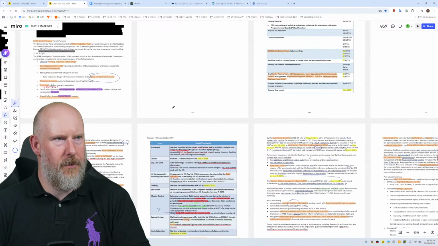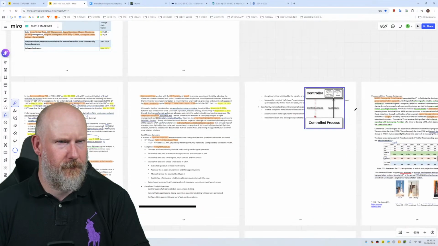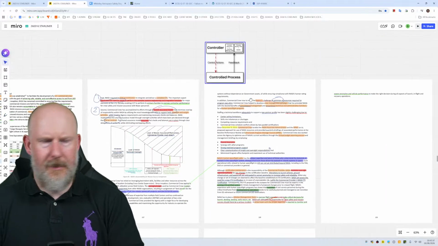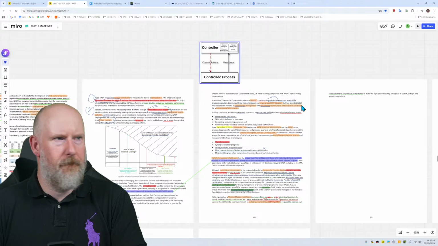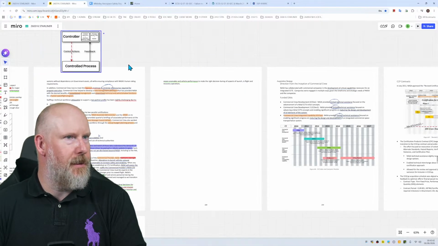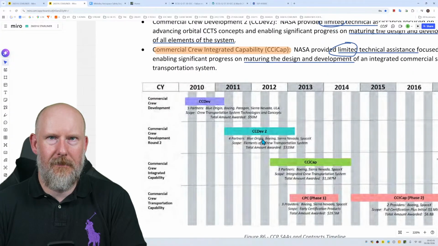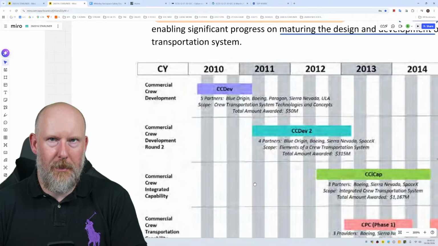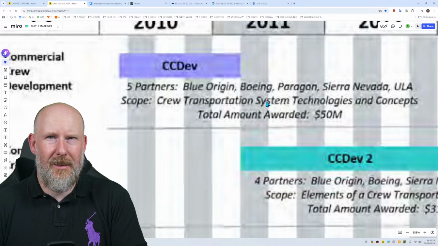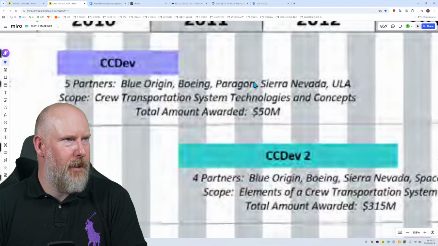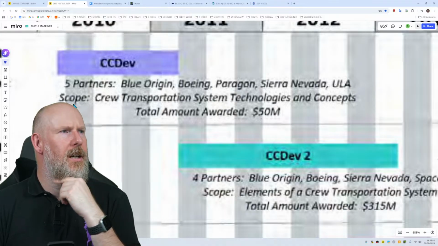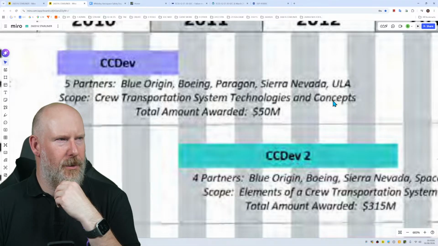So if we go over here to the timeline, there it is, sorry. So in 2010, we've got commercial crew development round 1, integrated capability, transportation capability. So we've got 5 partners: Blue Origin, Boeing, Paragon, Sierra Nevada, United Launch Alliance, and the scope is crew transportation system technologies and concepts.